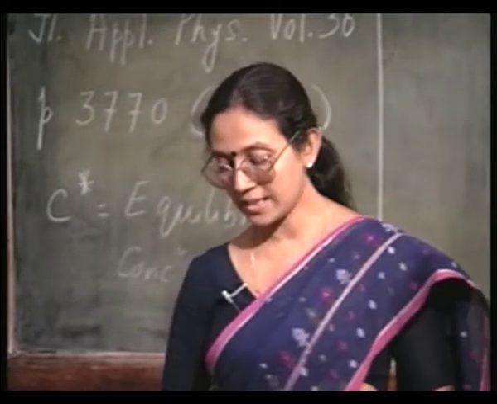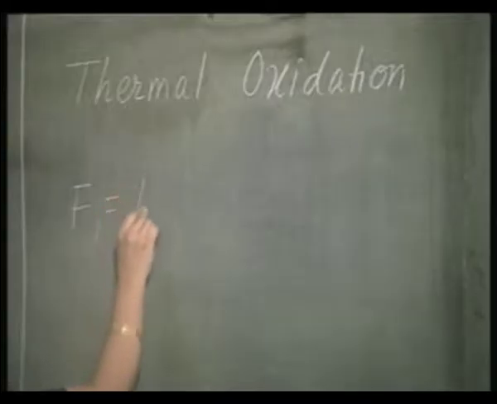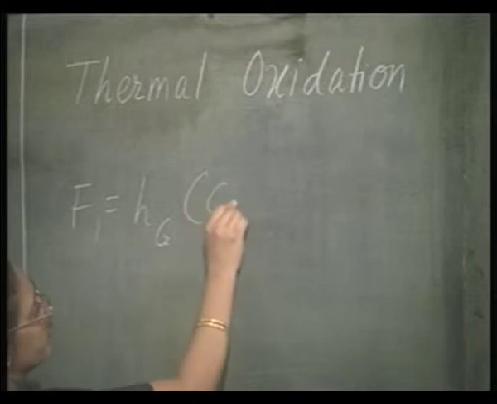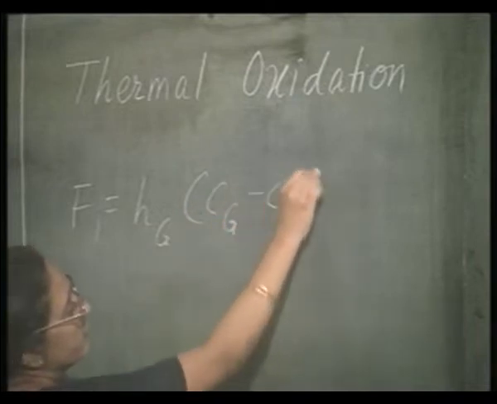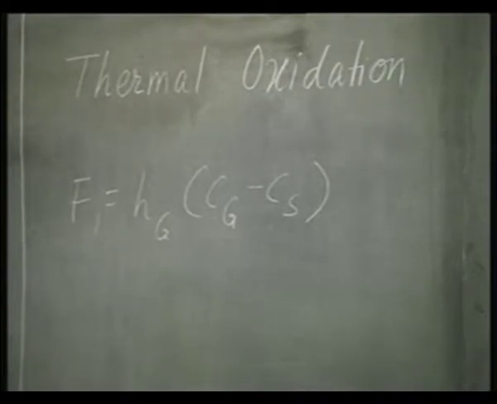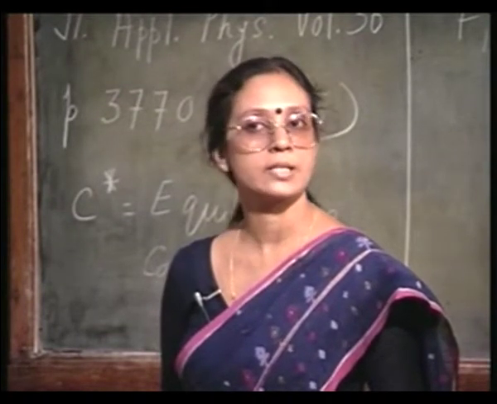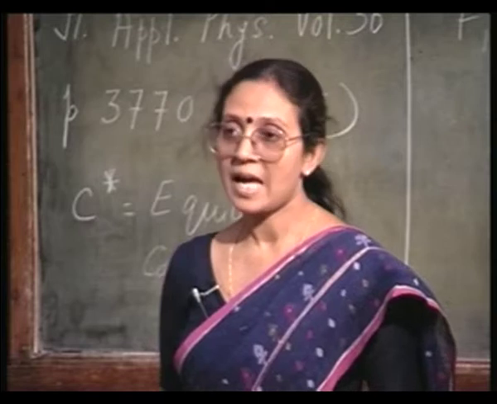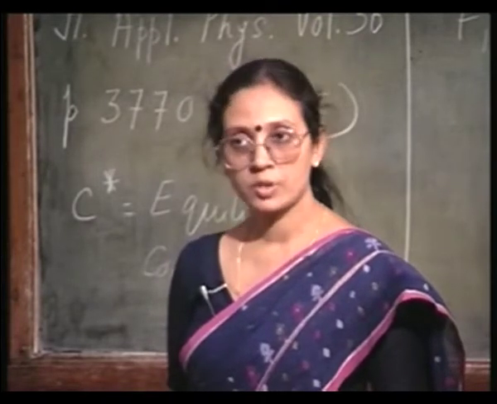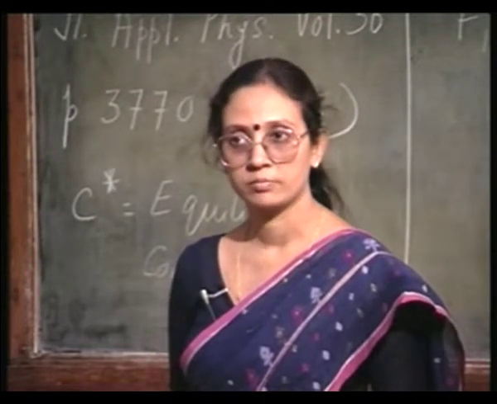And this is therefore proportional to Cg minus Cs, Cg being the concentration of the oxidizing species in the gas, Cs being the concentration of oxidizing species right next to the oxide gas surface. And Hg is called the proportionality constant, that is the gas phase mass transfer coefficient.